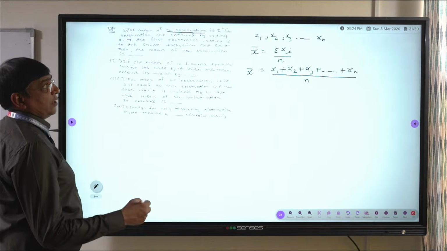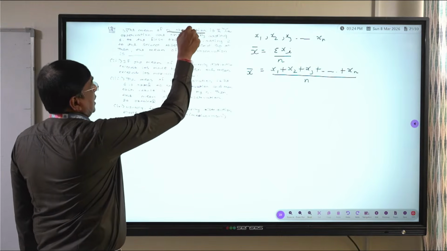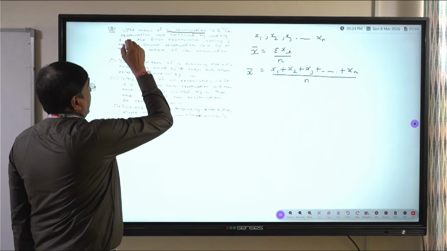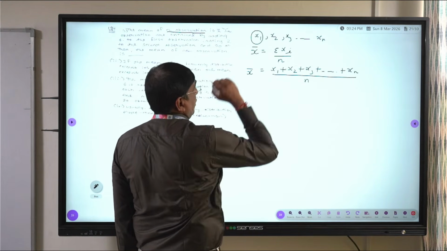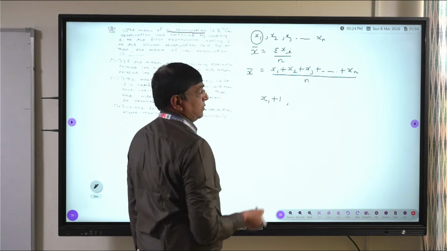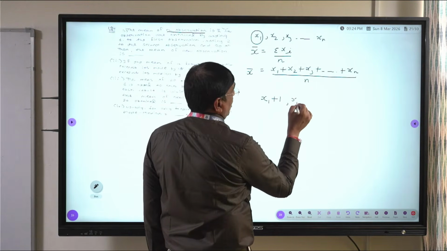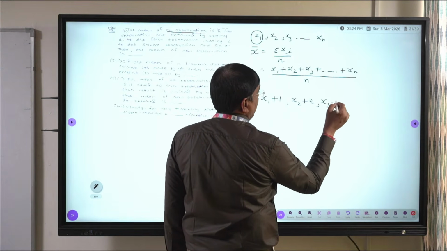Now नए ऑब्जर्वेशन किस तरह से लेने हैं? Now observations are obtained by adding 1 to the first observation. ये first observation में 1 ऐड करना है. So our new observations are x1 plus 1. Second observation adding by 2. Third observation adding by 3.